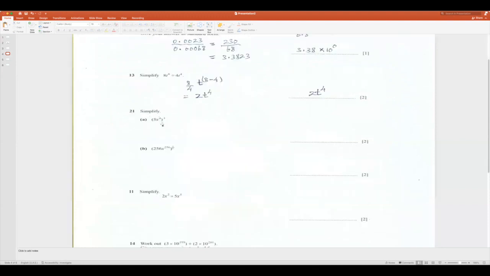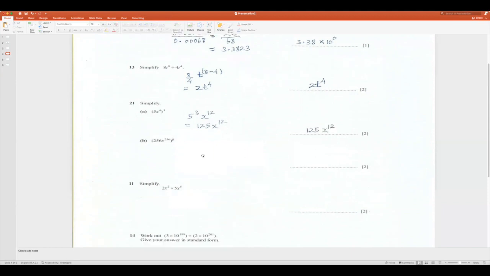We know if a bracket is there, this is common to all these. 5 to the power 3 times 12. 5 to the power 3 means 125 times 12. Here 256 we can write as 2 to the power 8, times 3 over 8. This 8 to 8 cancel.